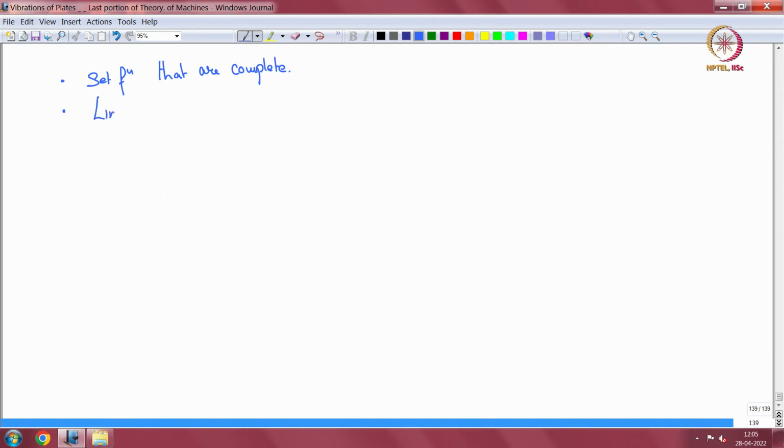They are linearly independent, and they have derivatives at least till half the order of the PDE.